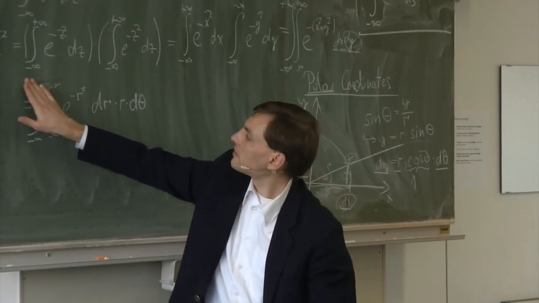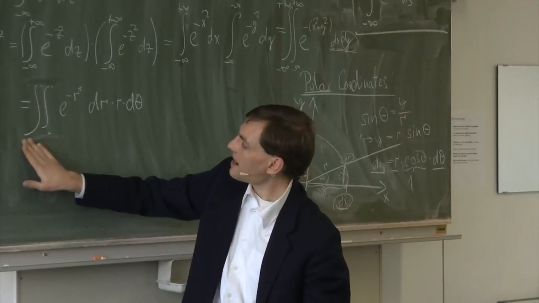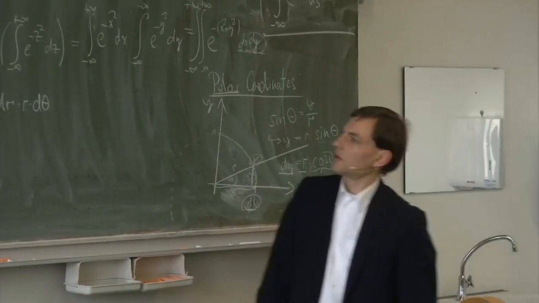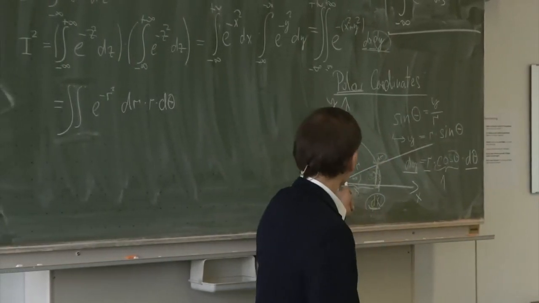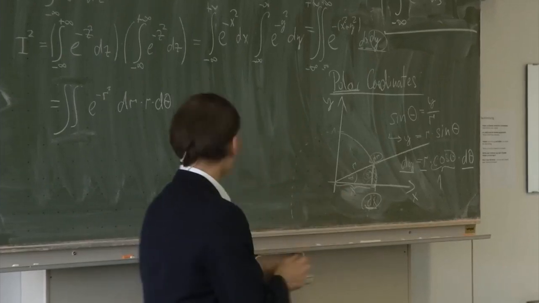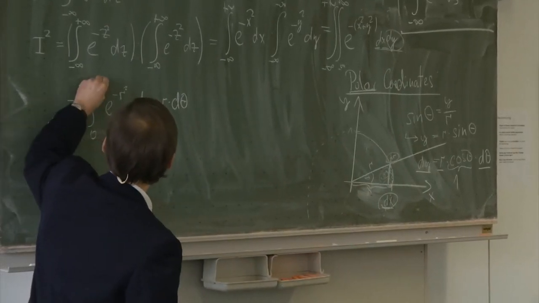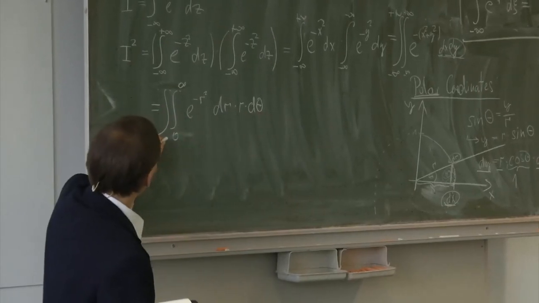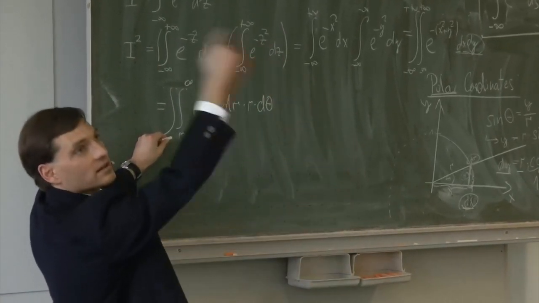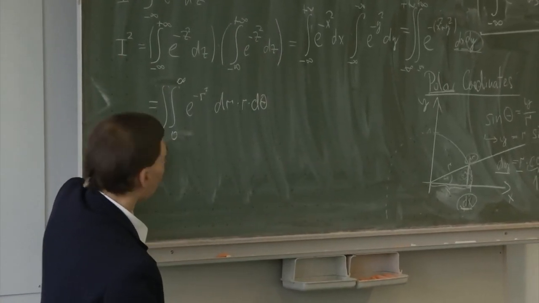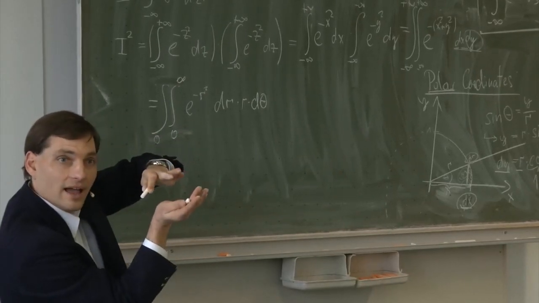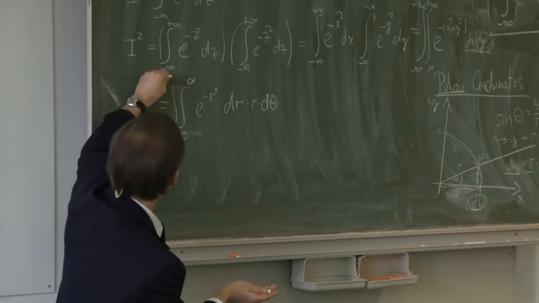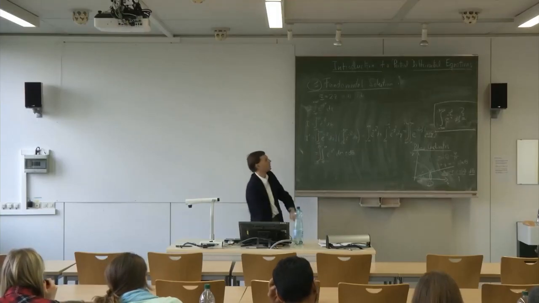Well, the integration is then not from minus infinity to infinity. Why? Because my radius starts at 0 and can go to infinity. And my theta integration, because it can go once around a circle, starts at 0, and when it goes once, 360 degrees, that is 2 pi. It goes up to 2 pi.